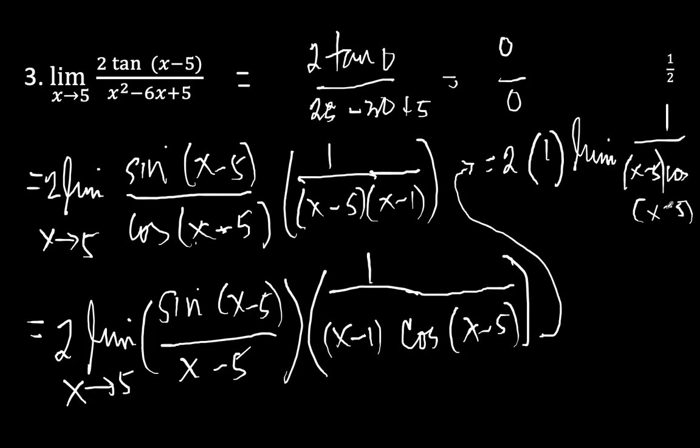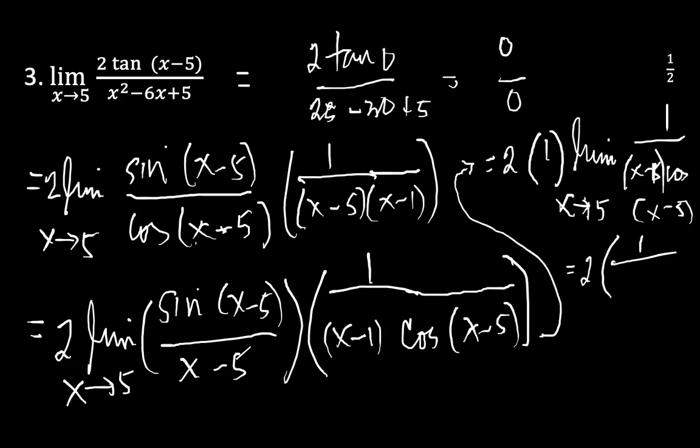Sorry, I put cosine in this manner because I can't write x minus 5 in this area. So as x approaches 5, okay? So we have, let's simplify. We have 2 times 1 is 2. Oh, sorry, it's supposed to be x minus 1, times the limit of this second factor.